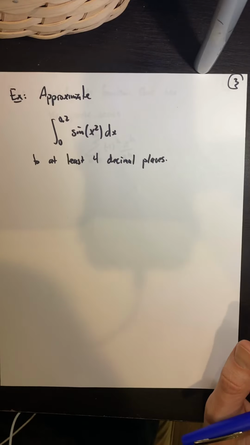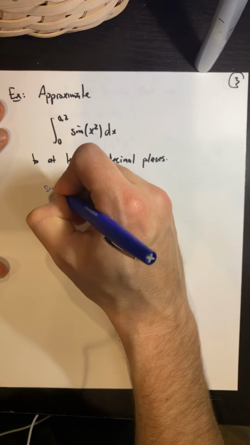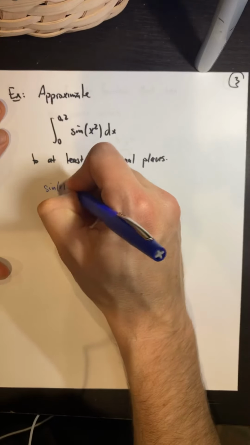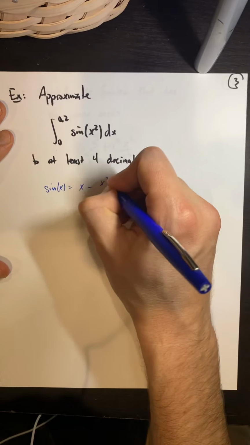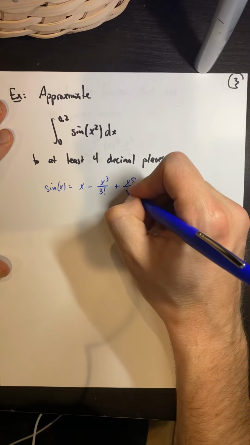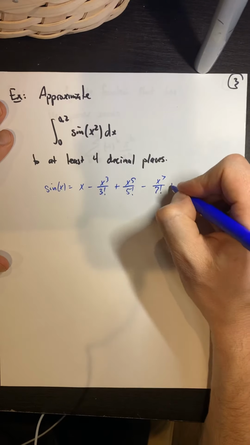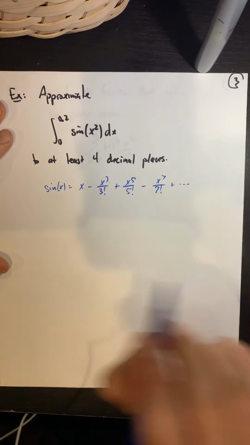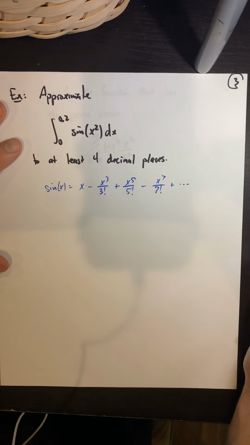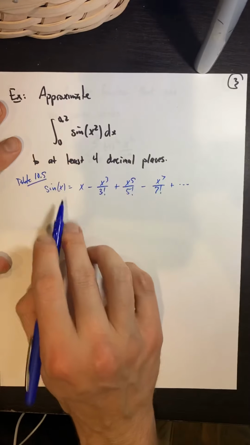All right. We can also use a power series expansion to evaluate an integral. So just like before, we have sine of x is equal to x minus x cubed over 3 factorial plus x to the 5th over 5 factorial minus x to the 7th over 7 factorial. Okay, so I'm using the same exact expansion for sine from table 10.5.